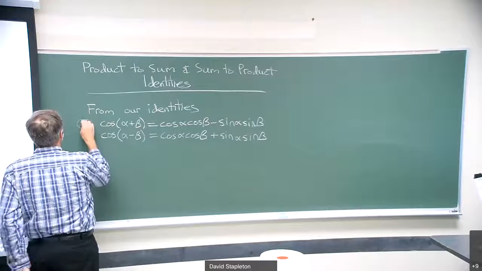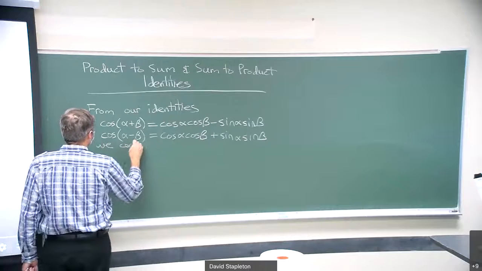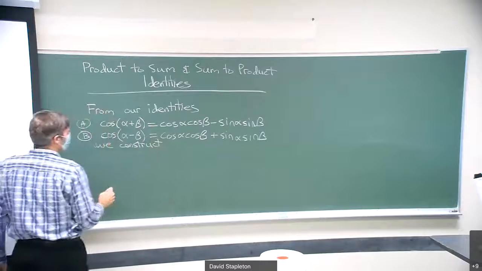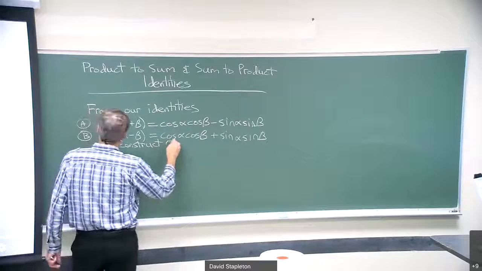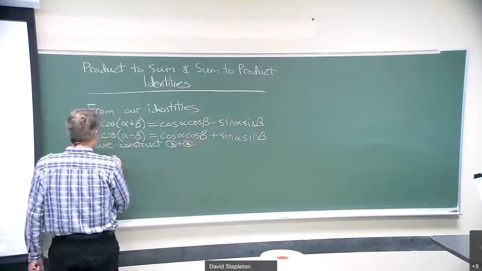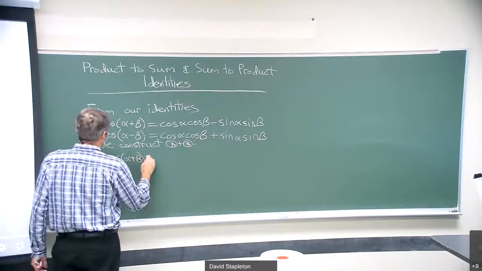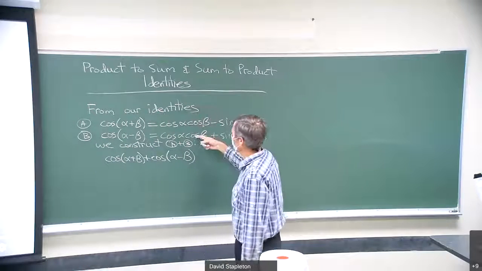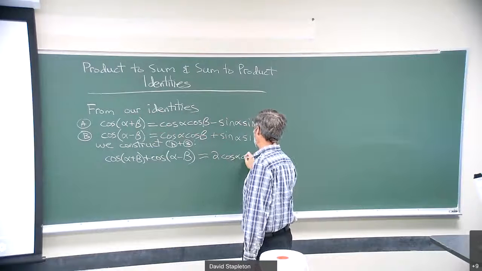Actually, let's call these A and B. We construct their sum and say that A plus B is cosine plus cosine, that is cosine of alpha plus beta plus cosine of alpha minus beta on the left, equals, and then these two add together to get twice cosine alpha cosine beta.